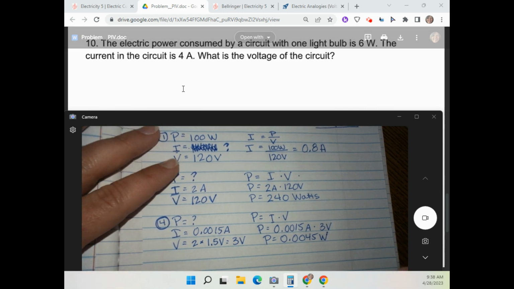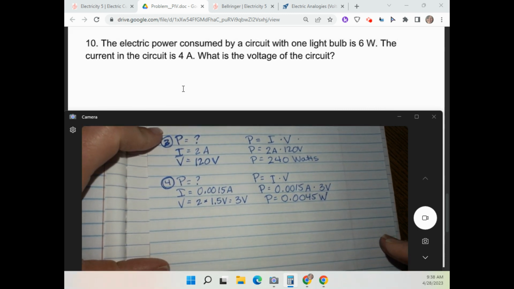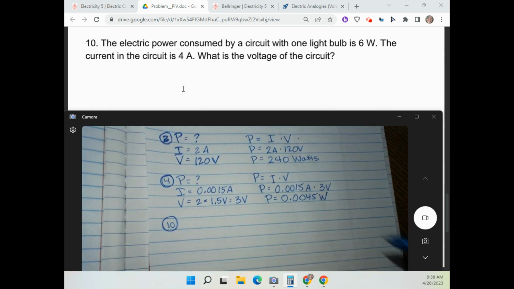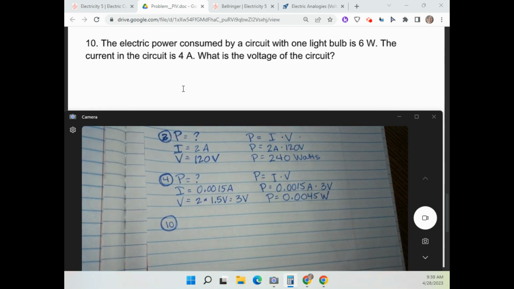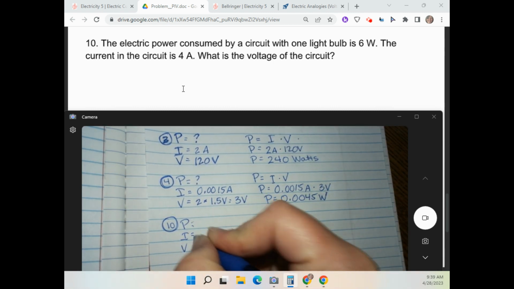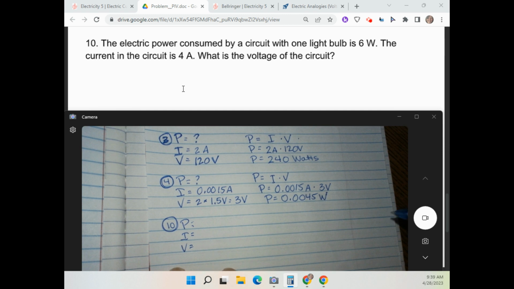Number 10 asks us to find voltage, so we will go ahead and do number 10 together, and then you will be responsible for some on your own. And we're going to use this same formula because that's what we're learning today. So the electric power consumed by a circuit with one light bulb is 6 watts. The current in the circuit is 4 amps. What is the voltage of the circuit?